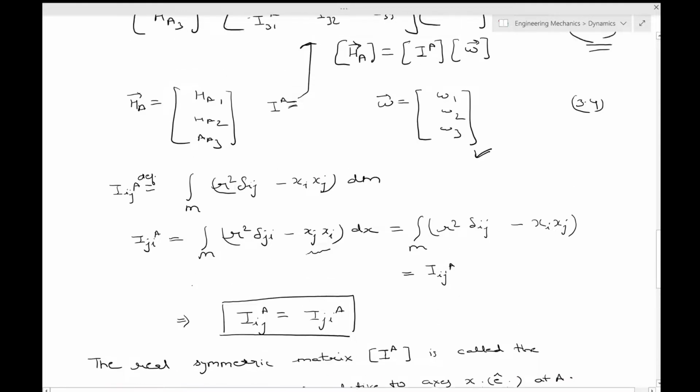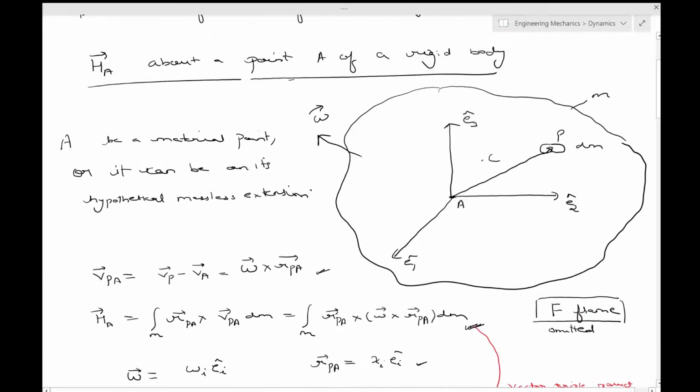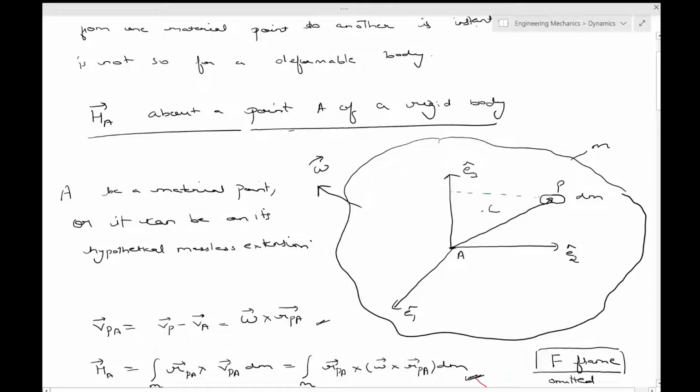Now what I'll do is draw a cube over it.